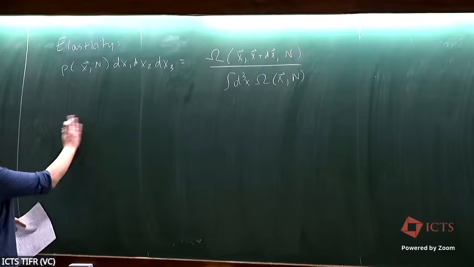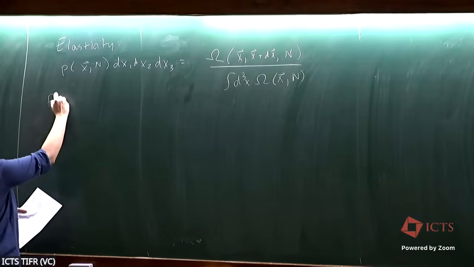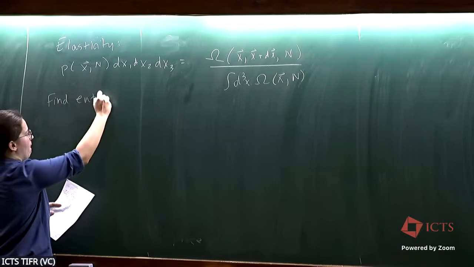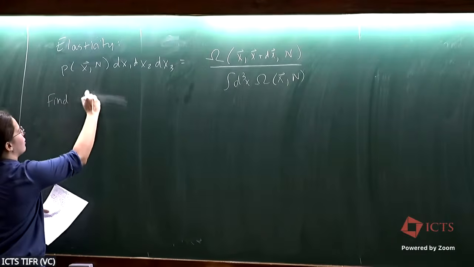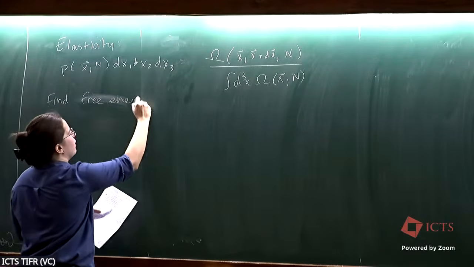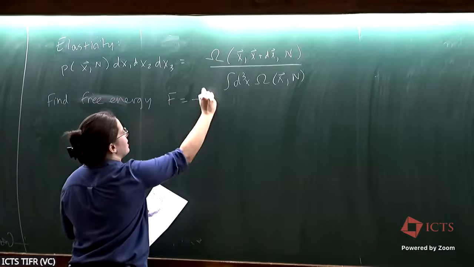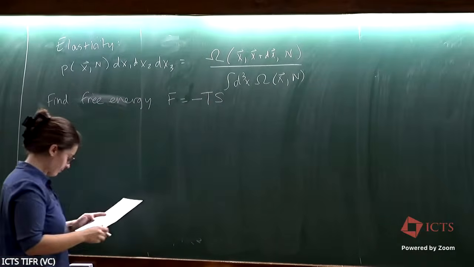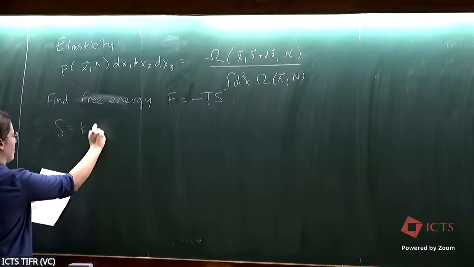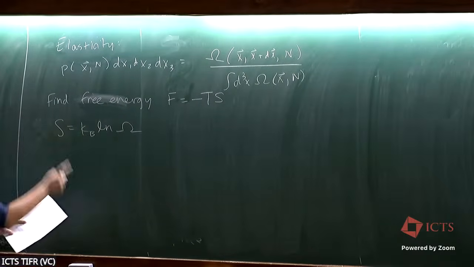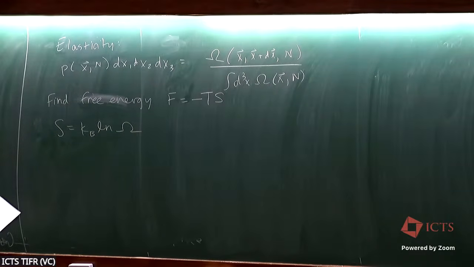And we want to find the entropy, because this will allow us to find the free energy, because we assume that there is no energy in the system. So the free energy is just minus T dS. Actually, let me say find free energy. F is minus T S. So S is, as before, k_B ln omega. So I set this up this way so we can easily find the entropy.